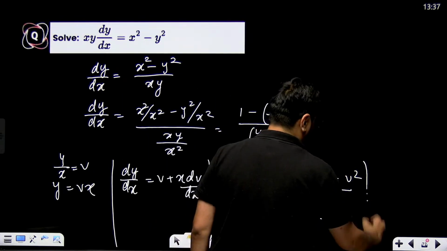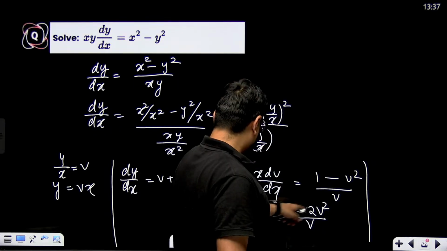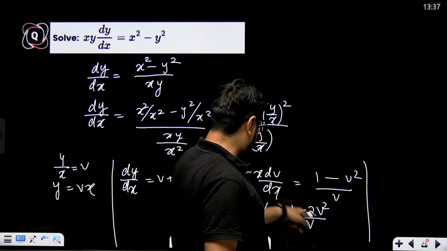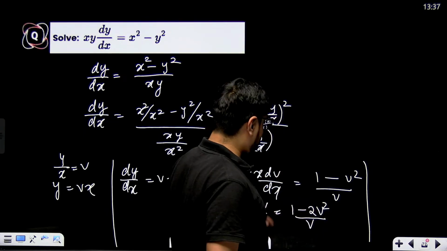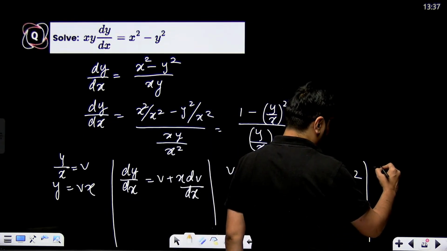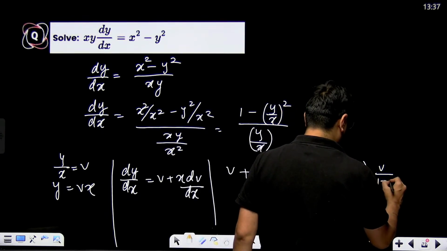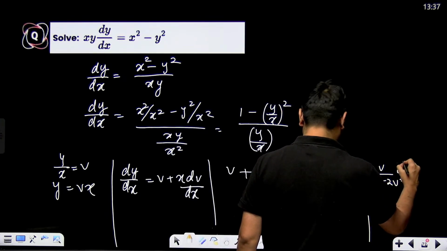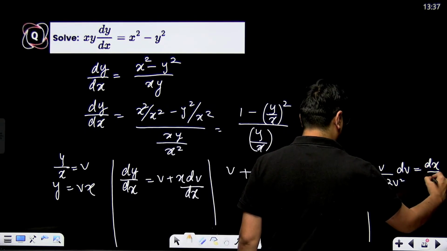Now you can integrate for the further thing, with dx by x on the right side and v by 1 minus 2v square dv on the left side.